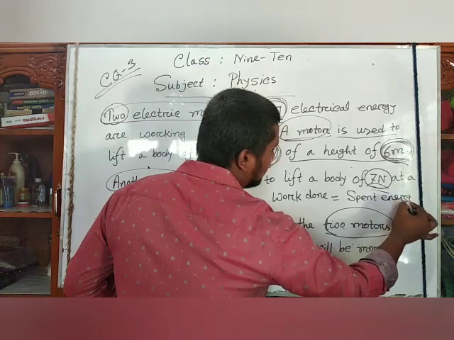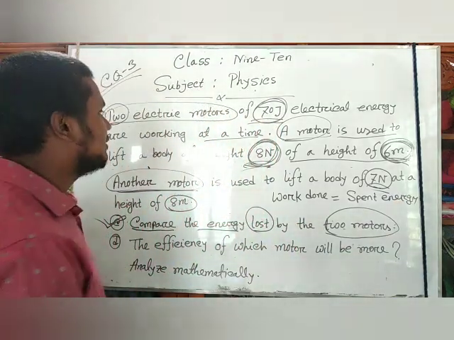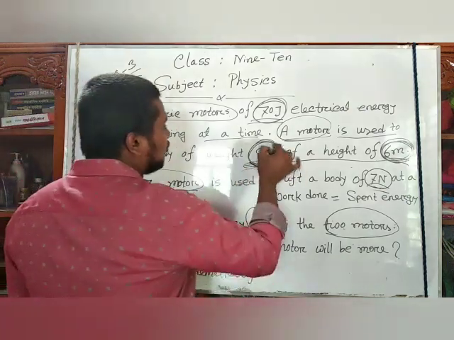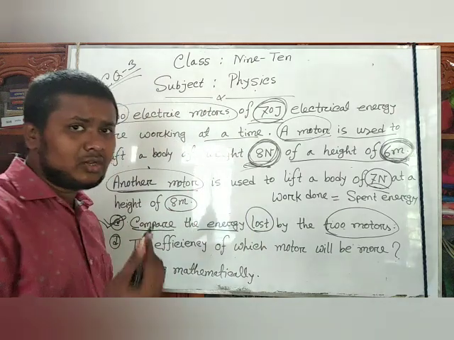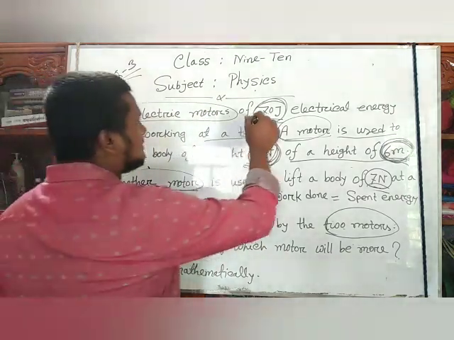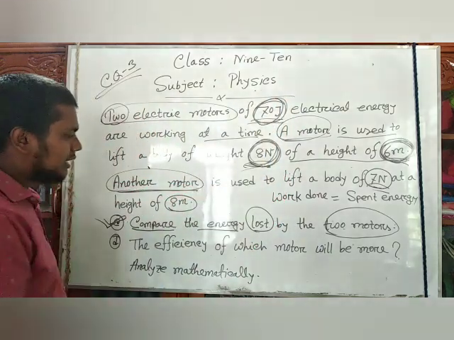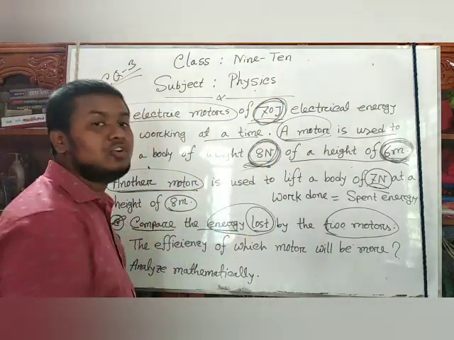Spent energy, that means used energy. Here you see 8 Newton and 6 meter. If we multiply this, then we find out the spent energy or used energy. And the total energy is 70 joule. Now we find out the lost energy.